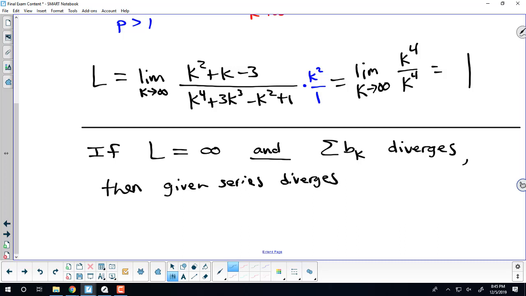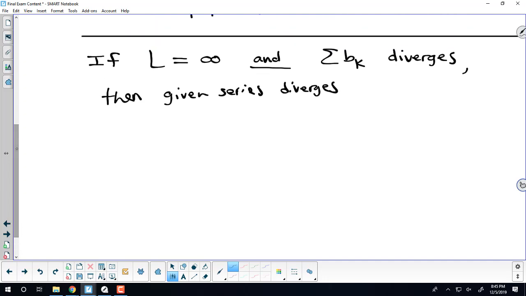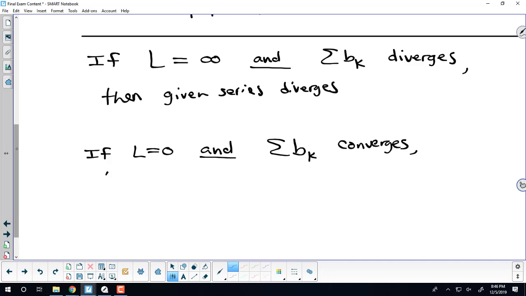You said if it's infinity and the other series converges. Yeah, if you've got an infinite limit there and the b sub k was convergent, then it's inconclusive. So it has to be this and this. The other condition, when it was 0, is kind of similar, but if the limit is 0 and b sub k converges, then the given series converges.